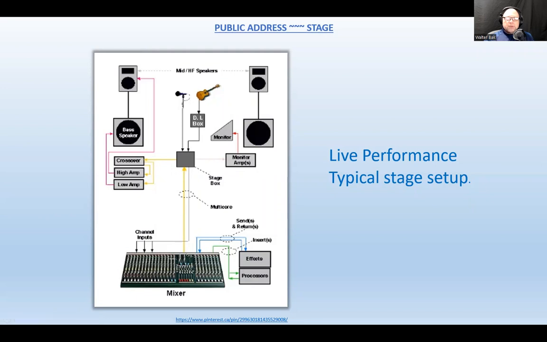But also, some of the processed signal has to be delivered to the amplifier. Now, the amplifiers have to be on the stage or as close to the main output speakers as possible.